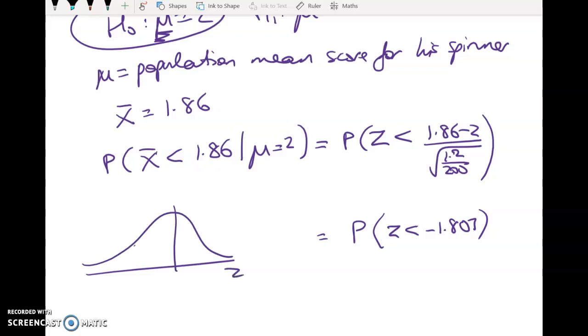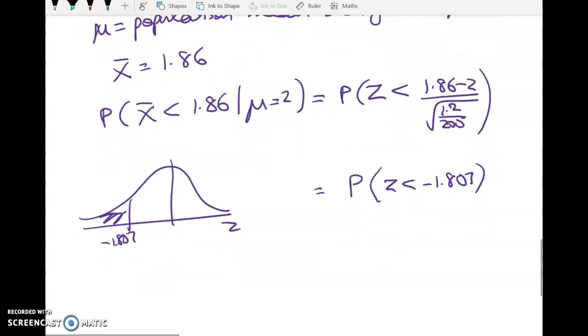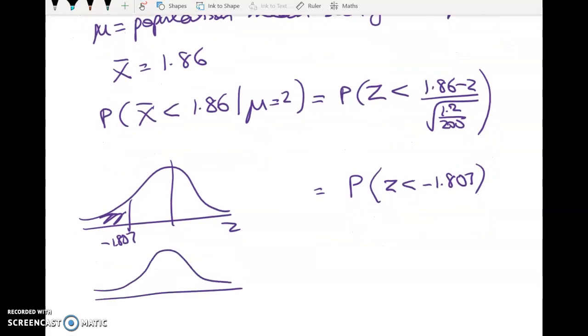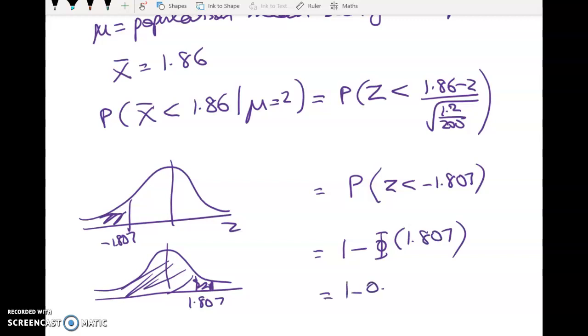So there's my z picture. I'm down here. The normal table won't give me that, but it will give me this probability at 1.807, which actually is probably much further in the tail. So it's 1 minus phi of 1.807, which is 1 minus 0.9646, which is 0.0354.